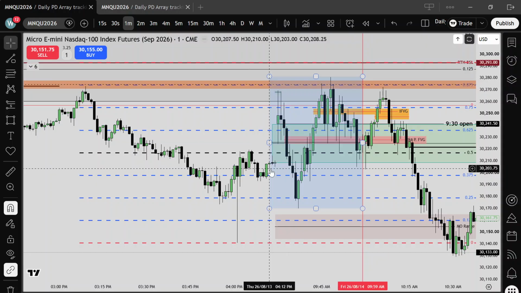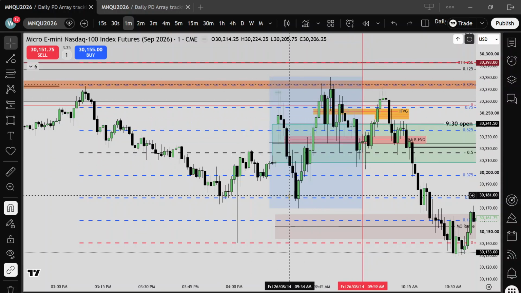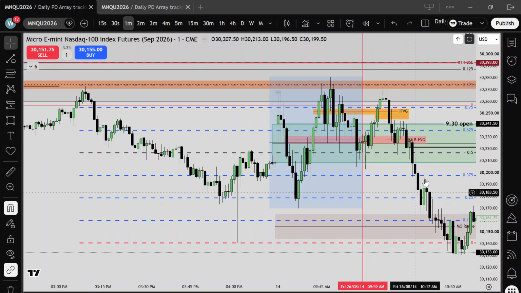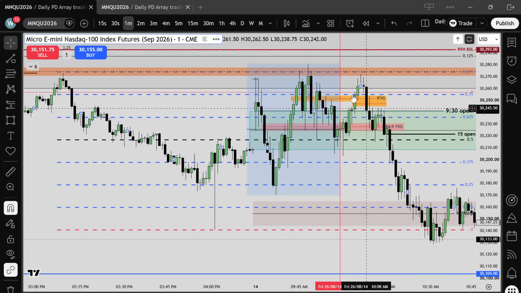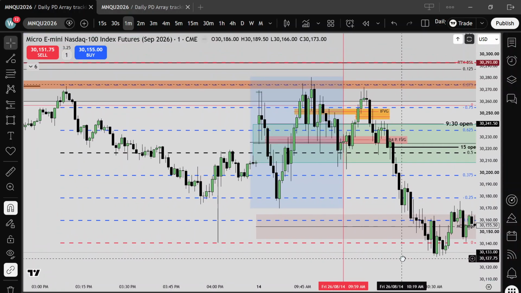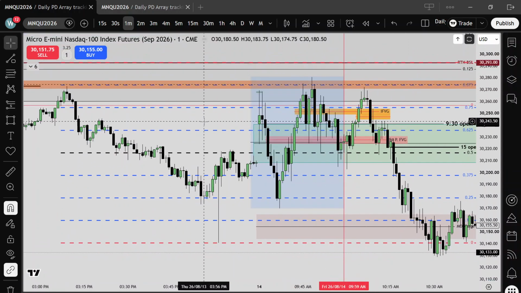You have to weed through the chop to trade more than just internal range liquidity, meaning from here to here, and trade external range liquidity outside of that. In my opinion, you need to see through all the other stuff in your chart and see what's happening in regular trading hours. So that's the number one thing to begin with.